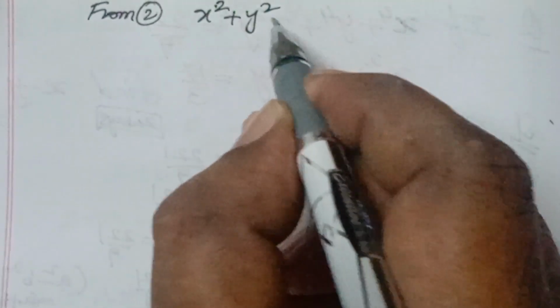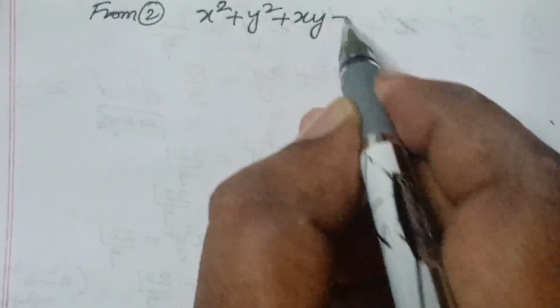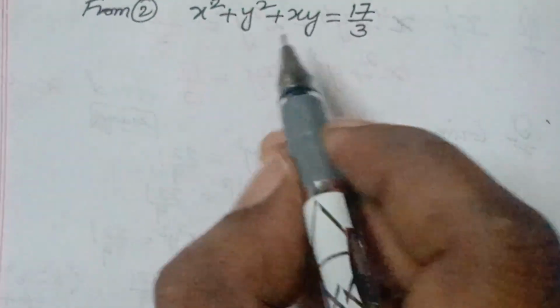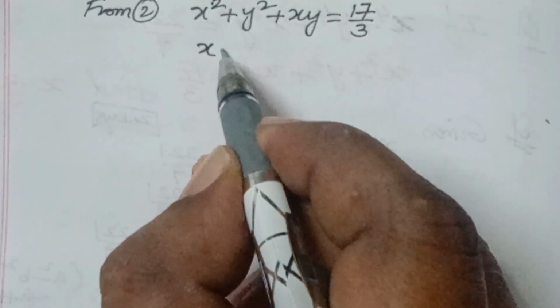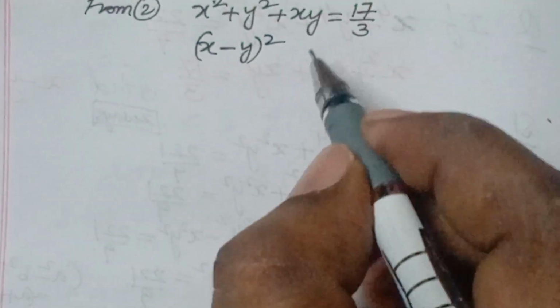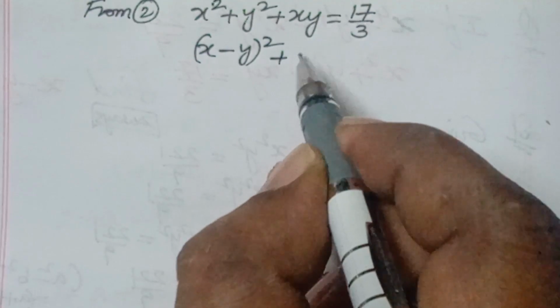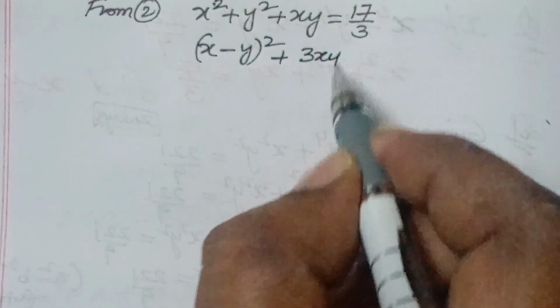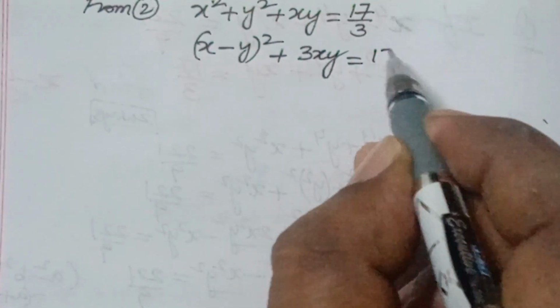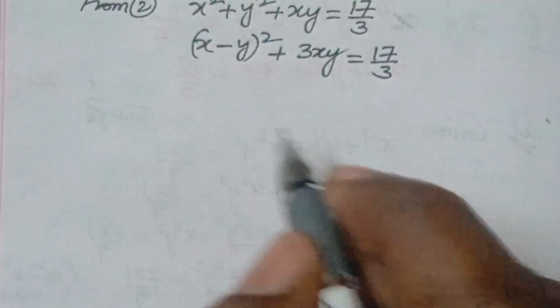From the second equation, x square plus y square plus xy is equal to 17 by 3. This is nothing but (x minus y) whole square plus 3xy, which is equal to 17 by 3.